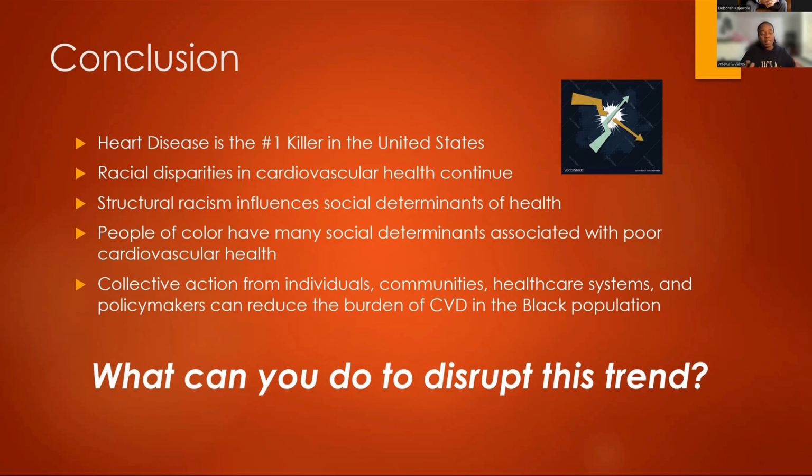So it's going to take collective action from individuals, communities, healthcare systems, policymakers, etc., to change this. Overall, hopefully, as you go away from this presentation, you'll not only understand the importance of heart disease, but perhaps you can think about how we can be a part of disrupting this disparity in heart disease.